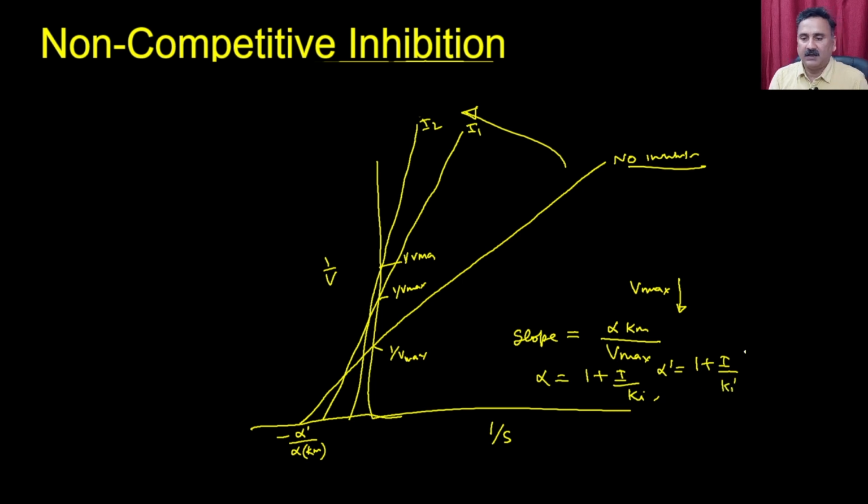Okay, so these are the two things you have to always remember. So from the slope you can calculate the Km and Vmax, and this is the Vmax, this is the Km that you're going to get.